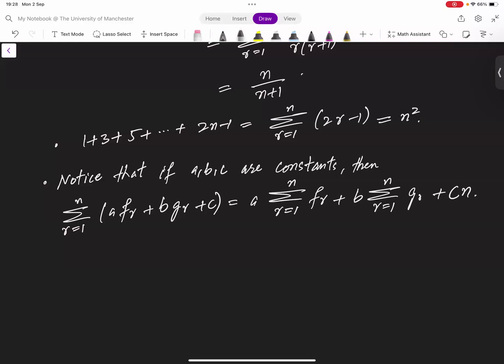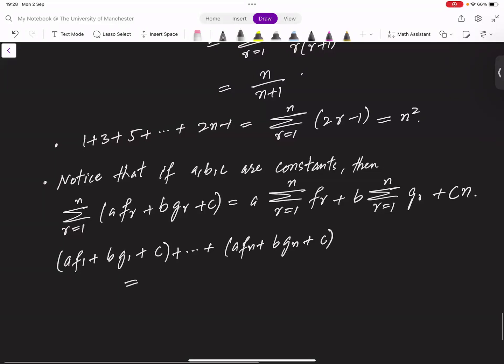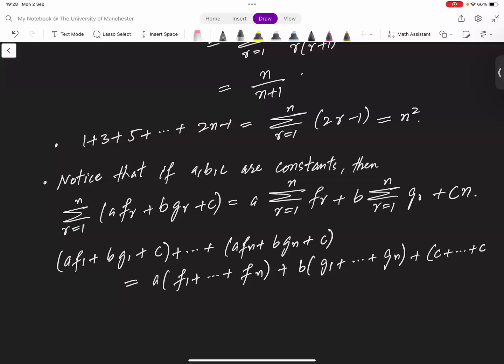The left hand side can be opened as A into f(1) plus B into g(1) plus C, and this goes up to A into f(n) plus B into g(n) plus C. You can write this as A into f(1) up to f(n), plus B into g(1) up to g(n), plus C n times.